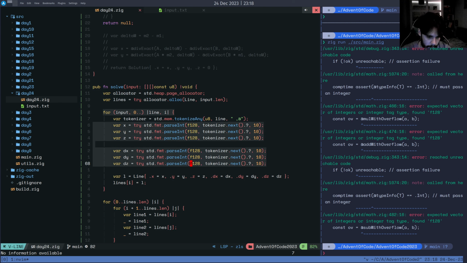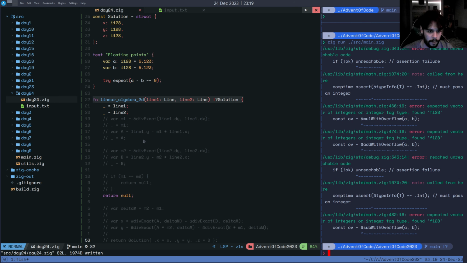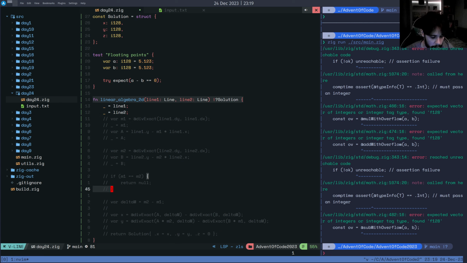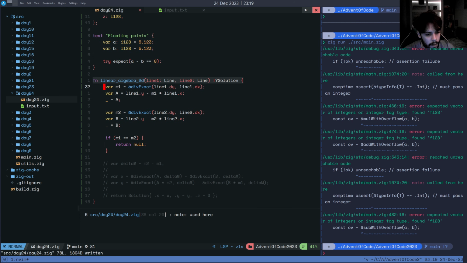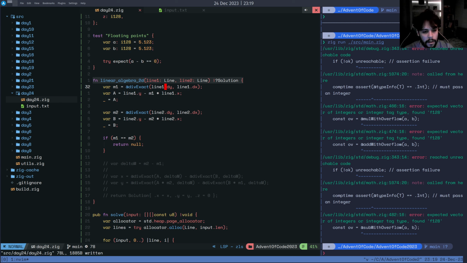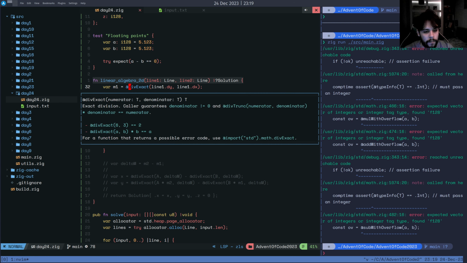Okay, I mean, I can keep F128 as I128. And then, I mean, here we can play with the types for sure. Oh no. Okay, we can play with the types. Div exact.